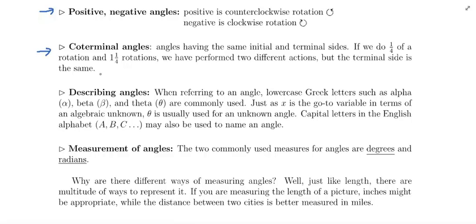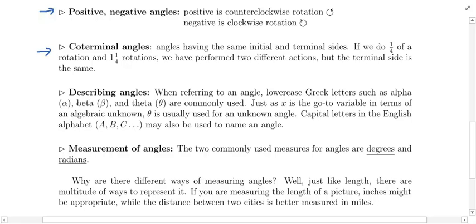There's a different amount of rotation in each, but the initial side and the terminal side are the same for both angles. That term is probably a little difficult to grasp until you see an example. We will do an example very shortly and it'll probably make a lot more sense, so hang tight.